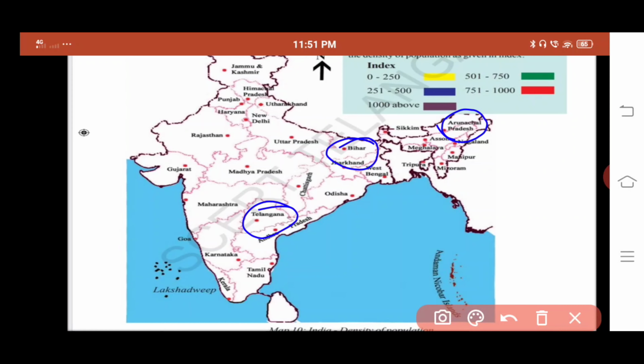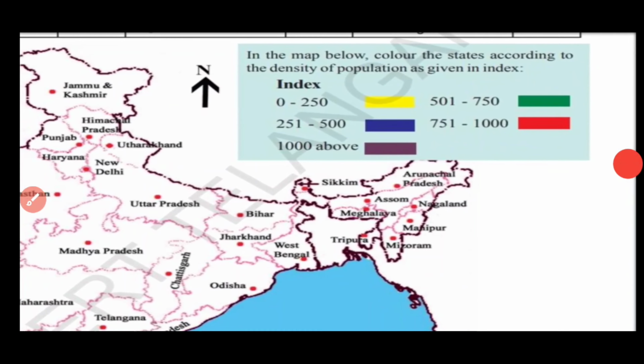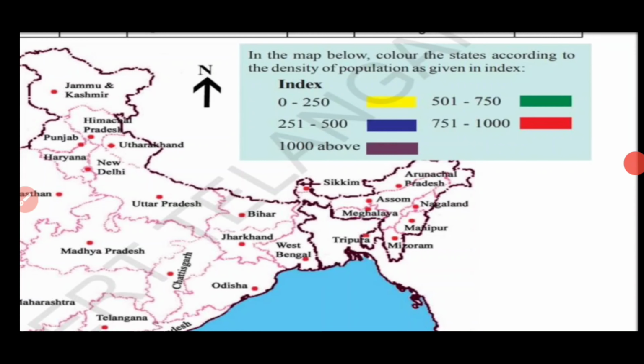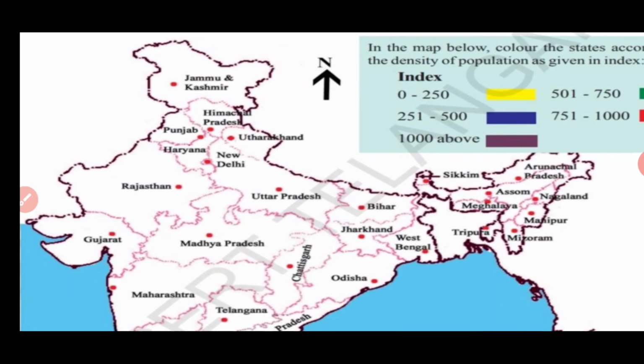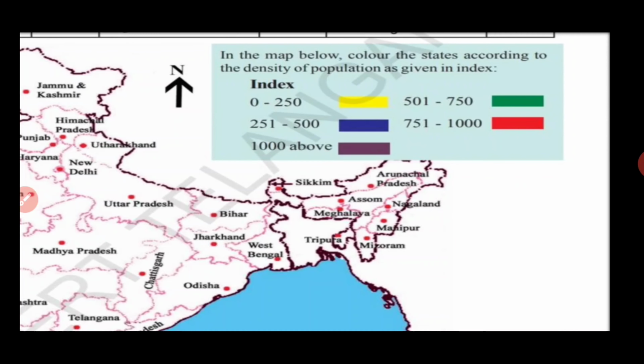My dear children, here I am going to give you one task. By observing the colors here: 0 to 250 yellow color, 251 to 500 blue color, 501 to 750 green color, 751 to 1000 red color, above 1000 brown color. Understood, my dear? So all of you draw this map in your notebooks, and also record the states, and finally you apply the colors according to the tabular information.